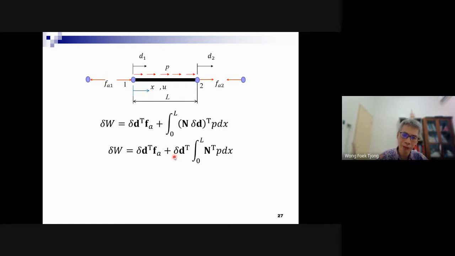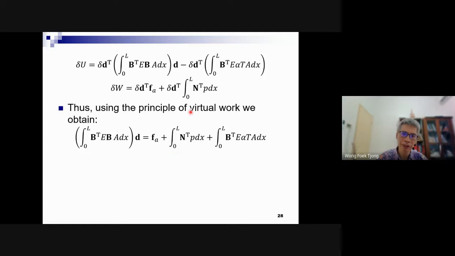Any questions? So in summary, this is what we have done so far. We have the expression for the virtual strain energy and the expression for the virtual work of external forces. The principle says that delta U should be equal to delta W. But for what condition? For any virtual displacement, right?